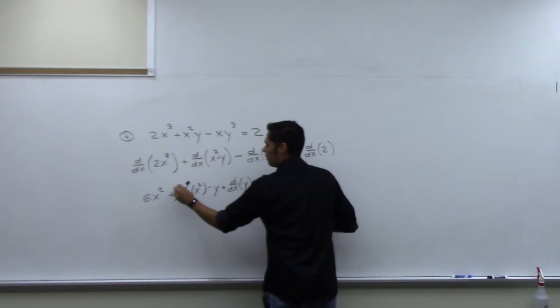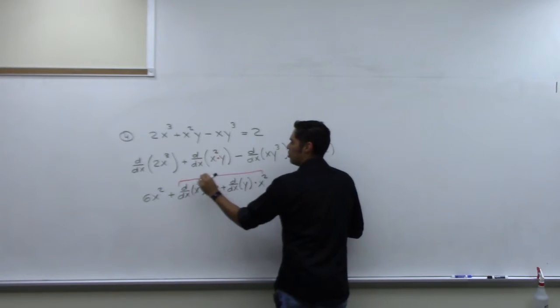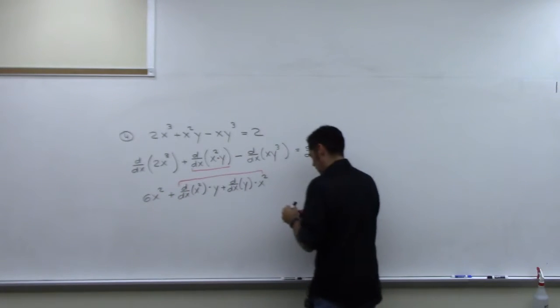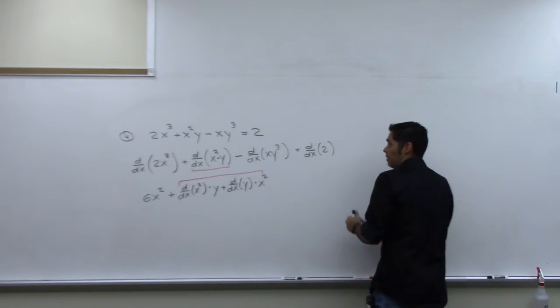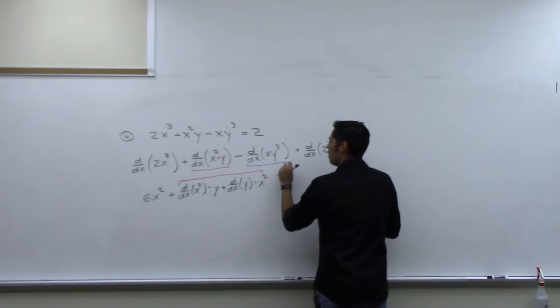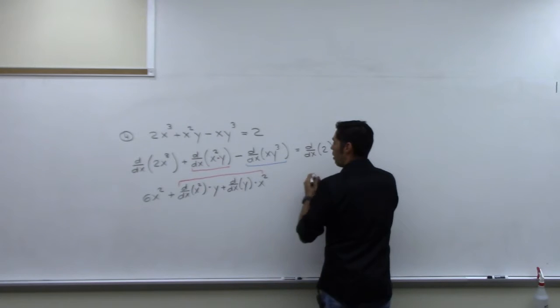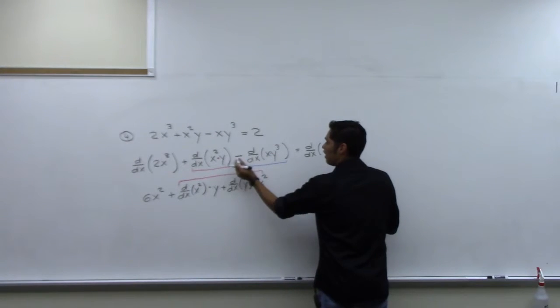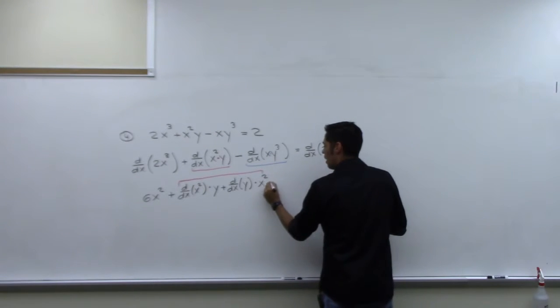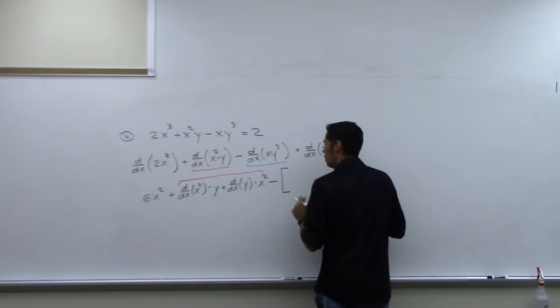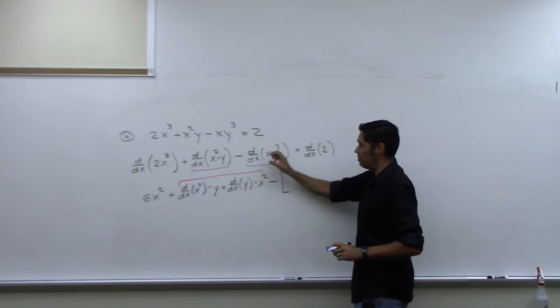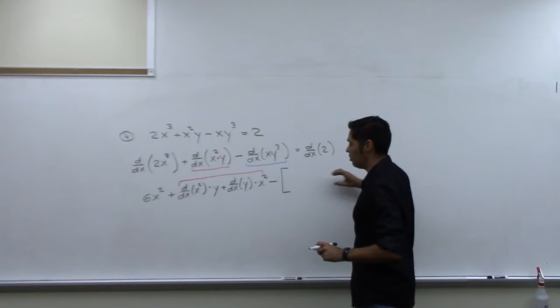So this right here is just this piece right here. Then I need to do this piece, which is the derivative of another product. Notice I have a minus out there. So when I do this, I'm going to go minus, and then let me do the product rule, because I'm going to subtract whatever this is. So if this turns out to be 2 terms, I have to subtract each term.